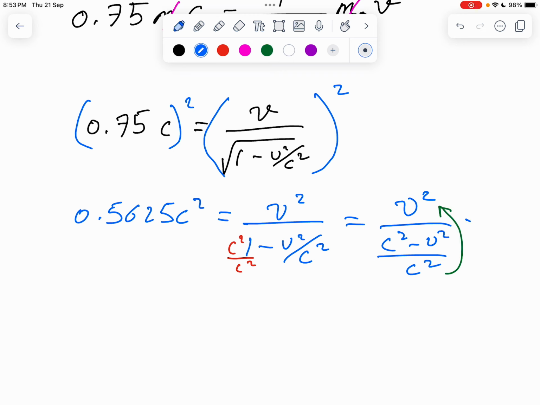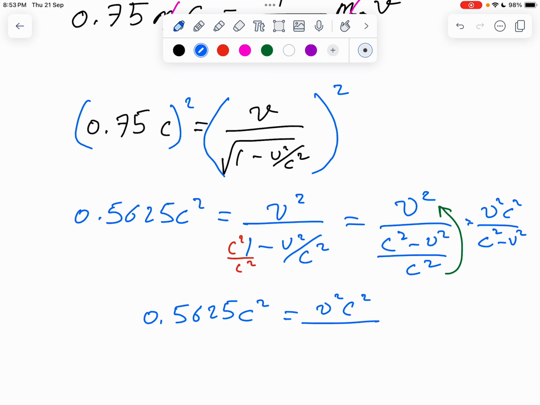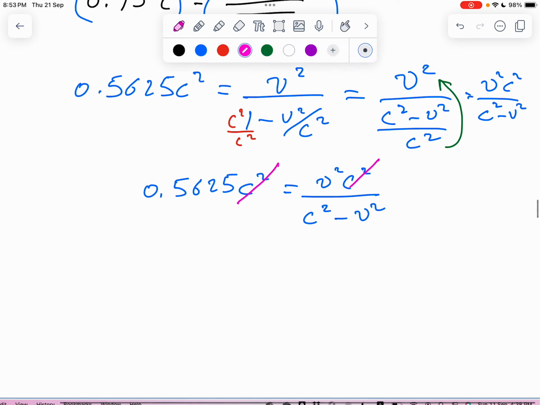So finally you will have v squared c squared over c squared minus v squared. So we'll have 0.5625 c squared equals v squared c squared over c squared minus v squared. You will cancel c squared with that c squared, and then do cross multiplication.